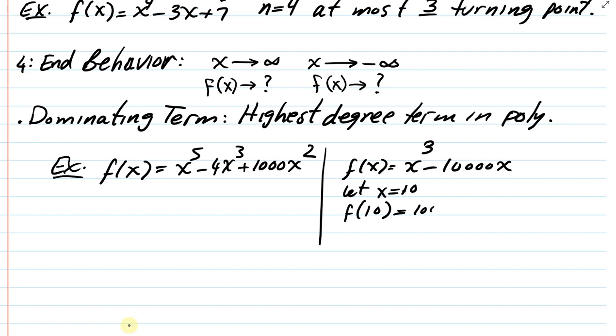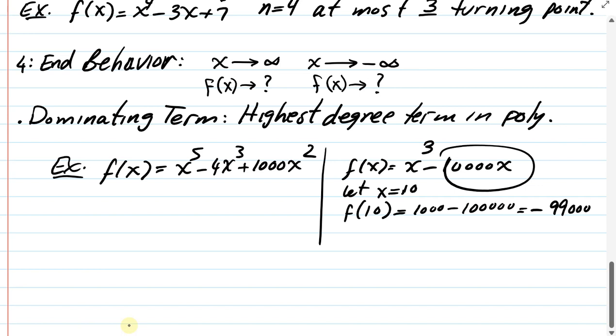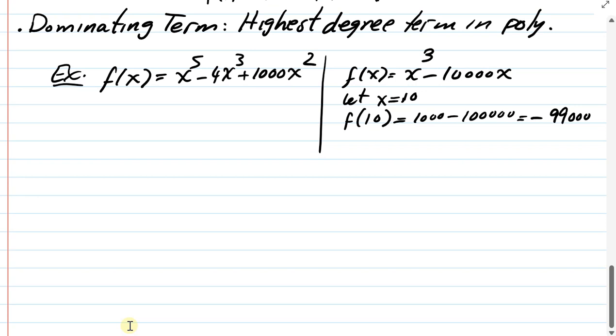So that's just going to be 1,000 minus 100,000, right? And the number is negative 99,000. So it looks like the second term is dominating because it has a massive coefficient, right?